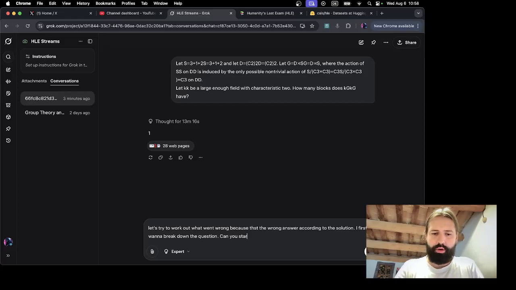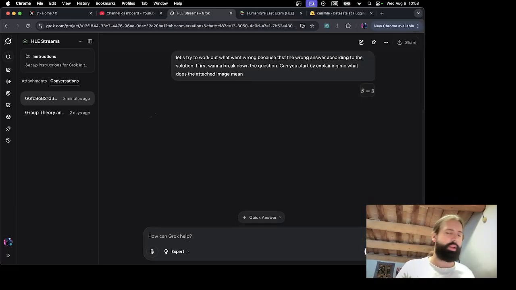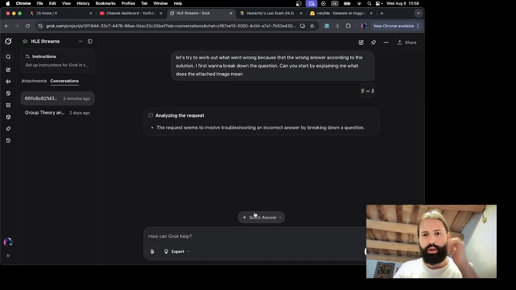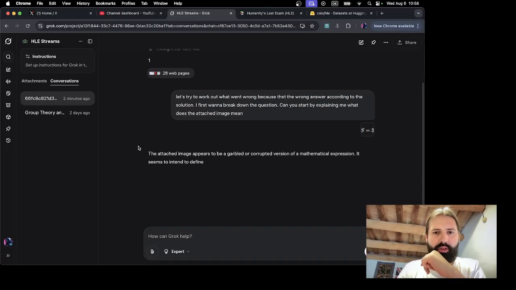Can you start by explaining what the attached image means? That's the advantage of using these tools, right? I want a quick answer. We don't need it to think all the time in expert mode.